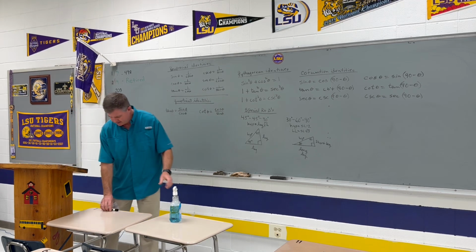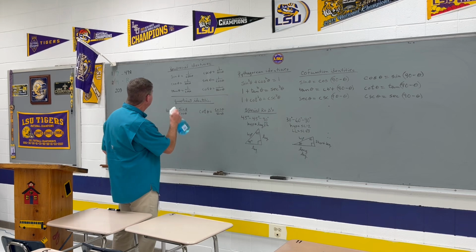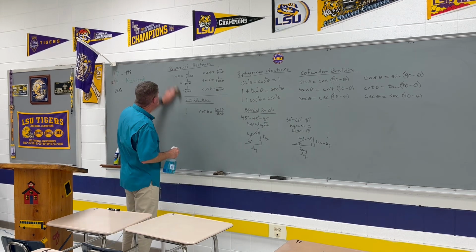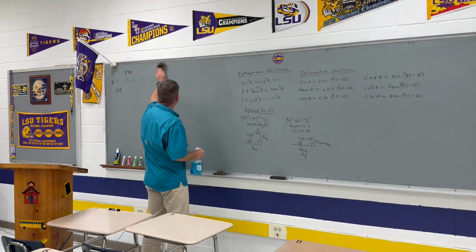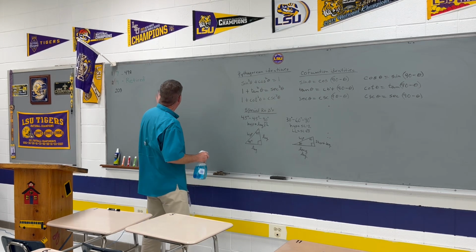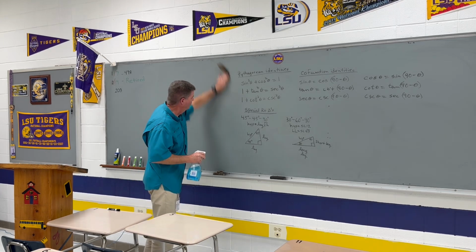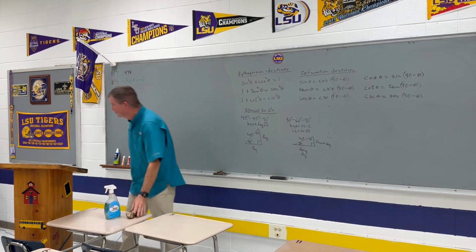The next part is going to talk about finding the values of some missing parts. The good thing is both triangles are going to be special right triangles, so we'll be able to use the formulas to solve that.